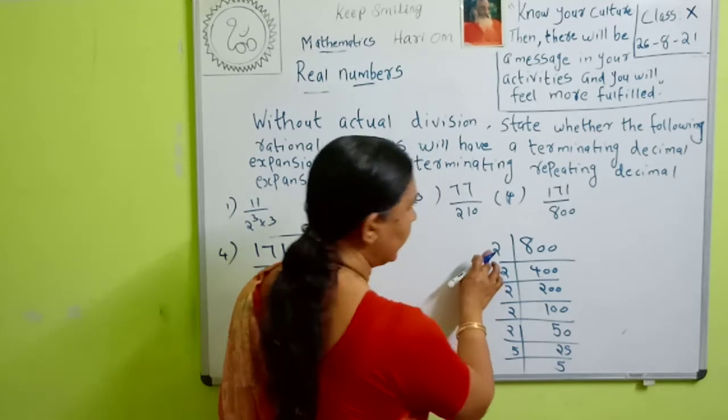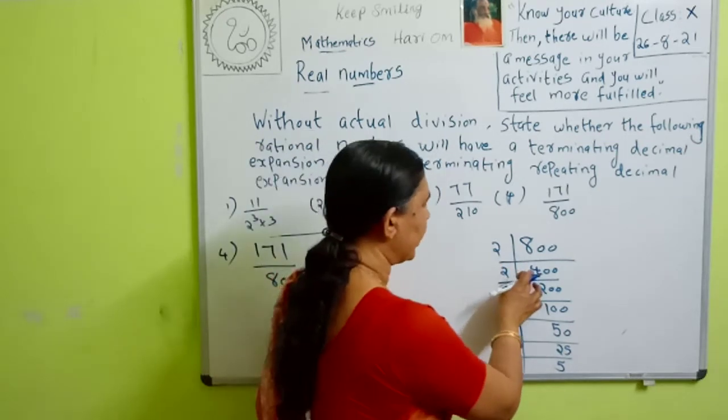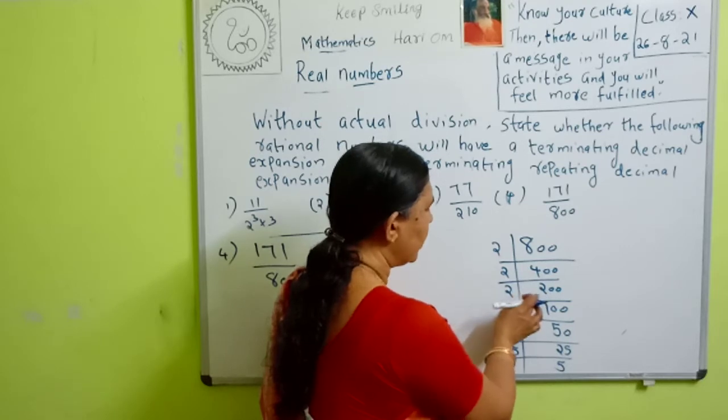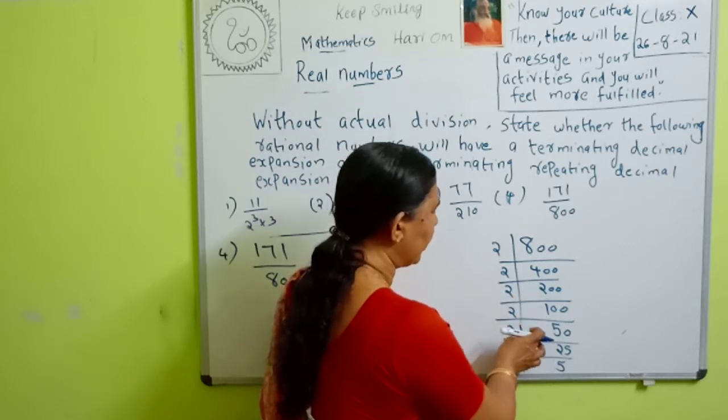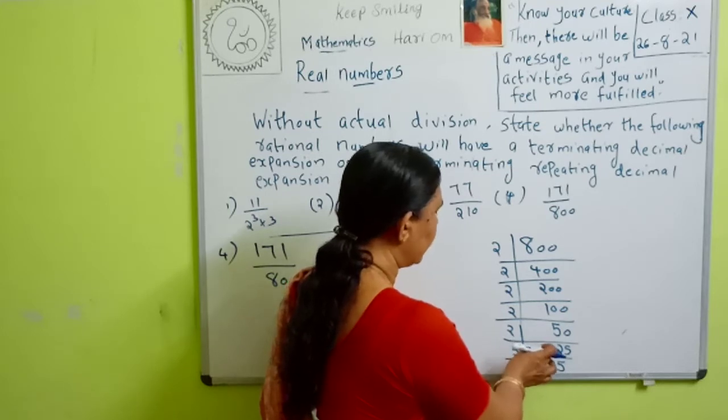First we divide 800 by 2, that is 400, then 200, then 100, then 50, then 25, then 5, 5.